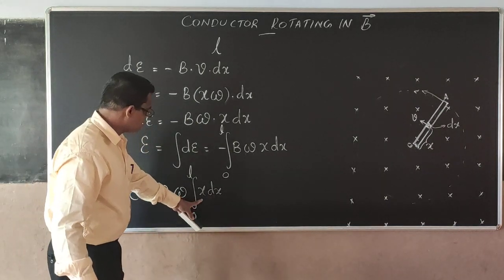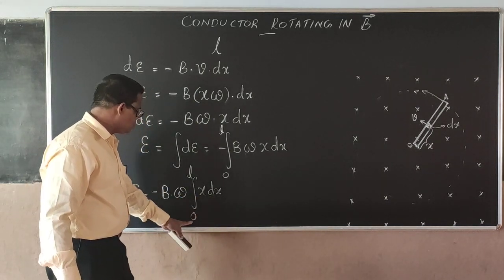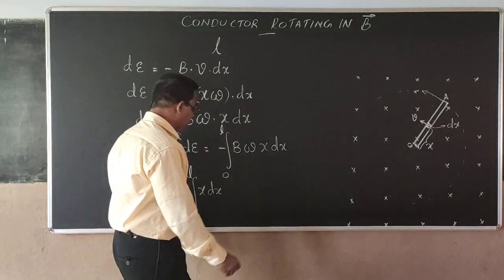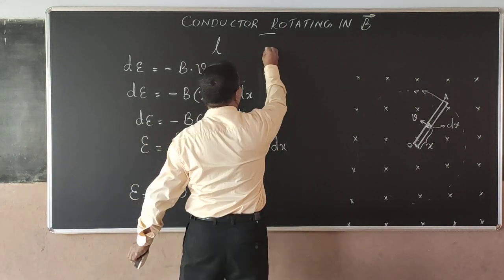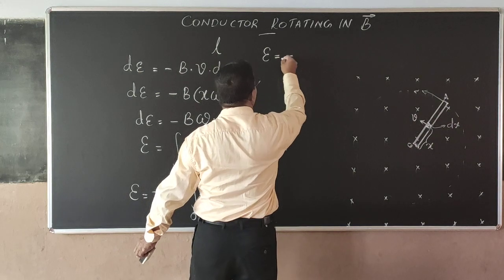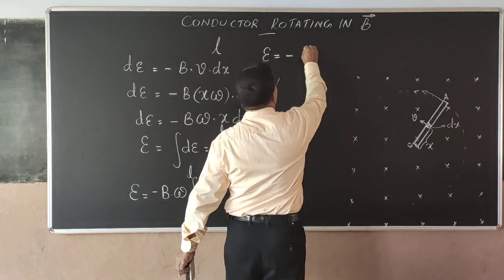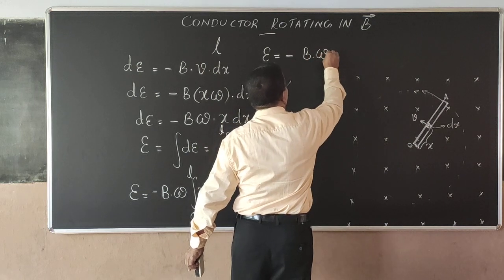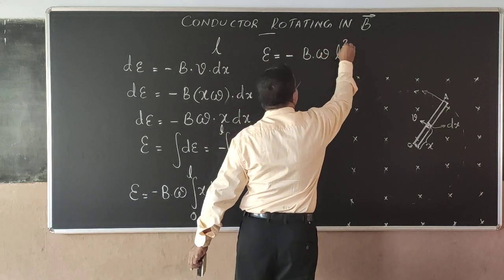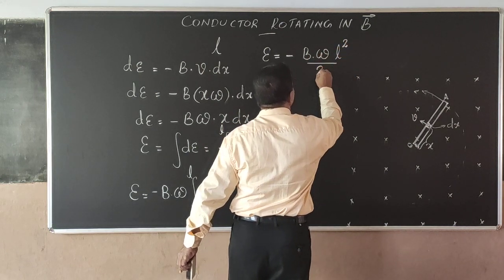As you integrate this, x dx becomes x square by 2, and applying the limits you will get the induced EMF E equal to minus B omega L square divided by 2.